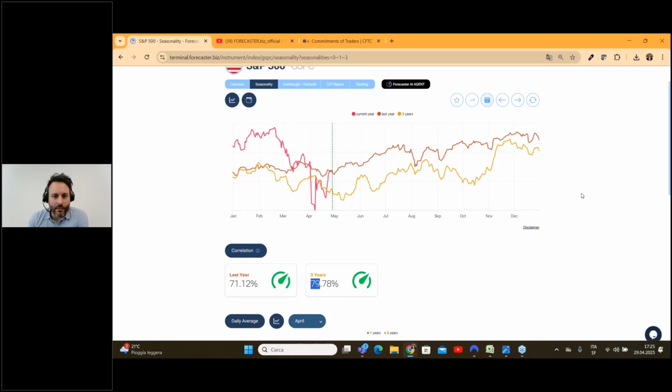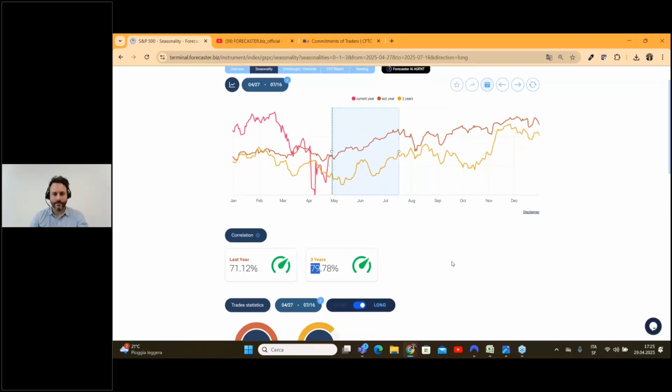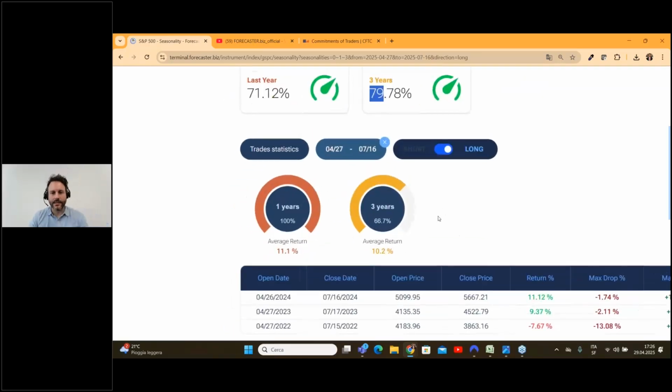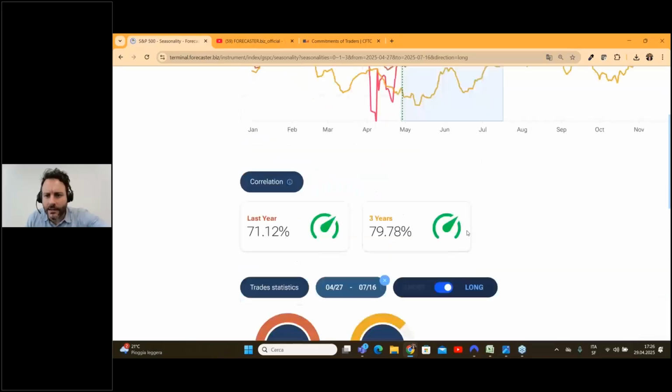This is amazing information because, for example, if we highlight on the chart from today until the mid of July, we can definitely see what we can expect from the prices, because we know that today prices are moving exactly like they did in the last year and like they did in the last 3 years on average. And so we can definitely see what we can expect from today until the end of July. I think I said, yes, July.